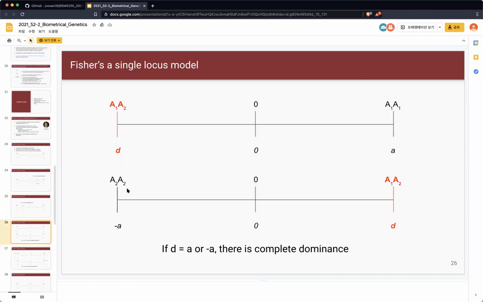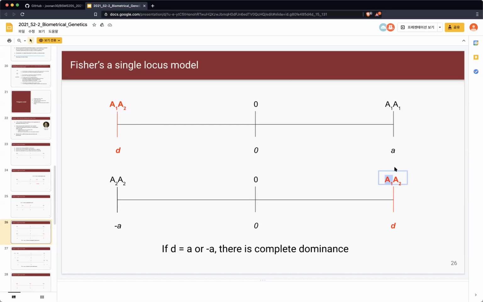But if delta is exactly a or exactly minus a, in that case you have complete dominance, right? So you can say that A2 is totally affecting the phenotype in this situation. In this case, A2 is completely dominant, or A1 is completely dominant. And this is the situation we see in Mendelian dominance, the heterozygous genotype consequence, right?